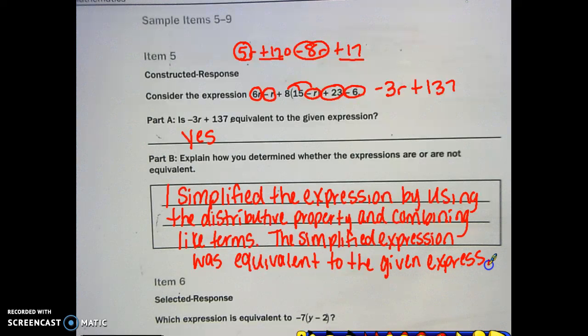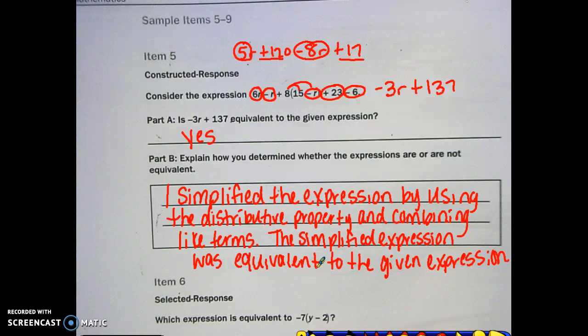So when I'm reading this, or whenever I'm writing this, looking back at these words, I've got the word simplified, I have expression, I have distributive property, combining like terms, equivalence. All of these are words that we use as the foundation of Unit 2.